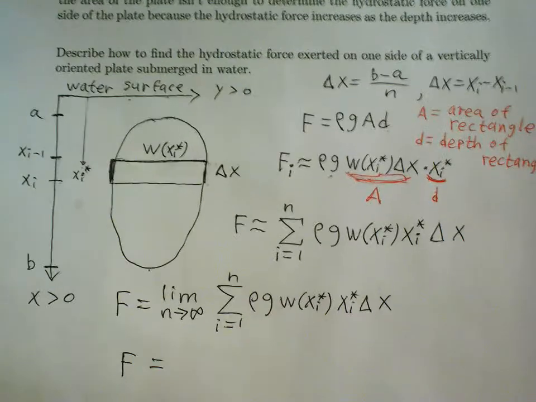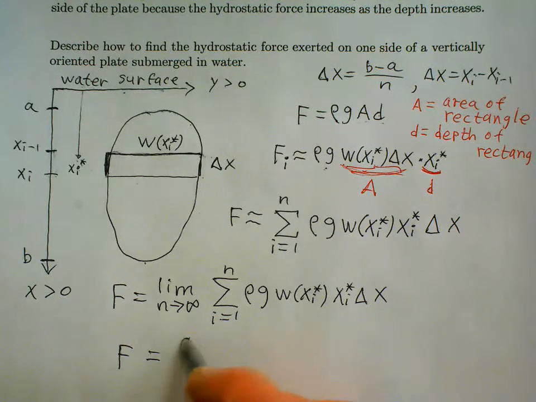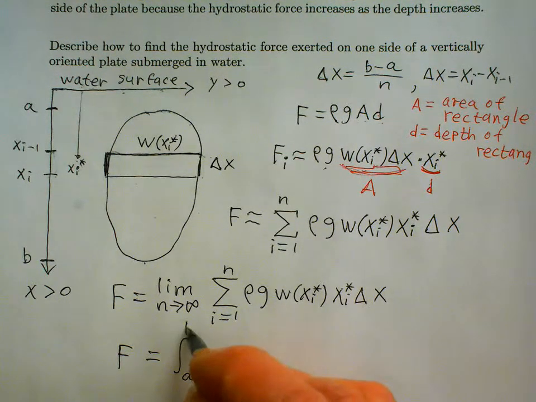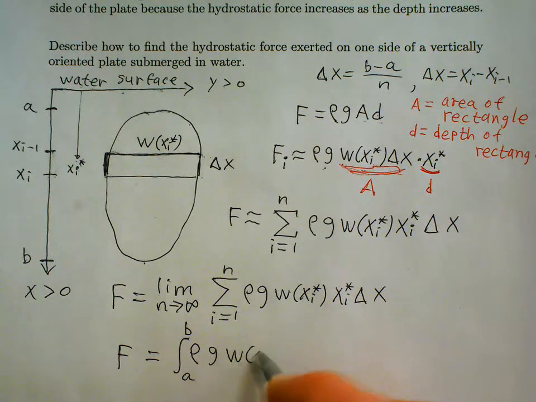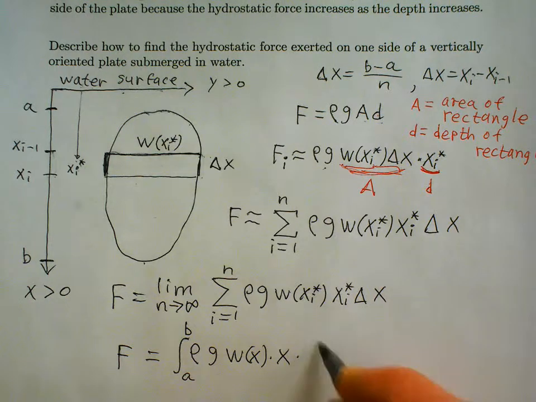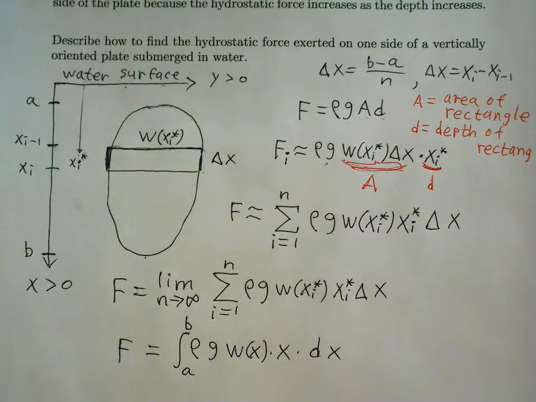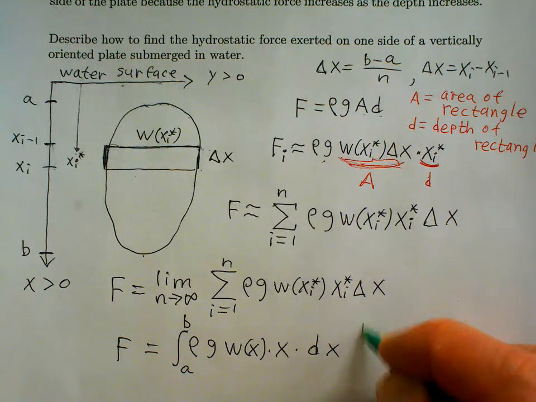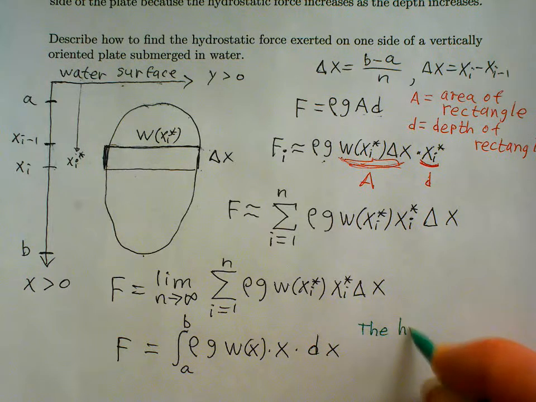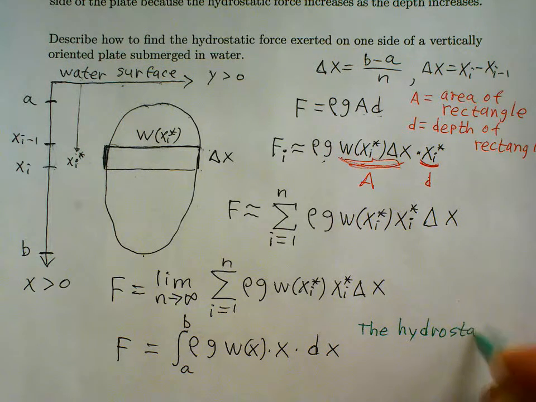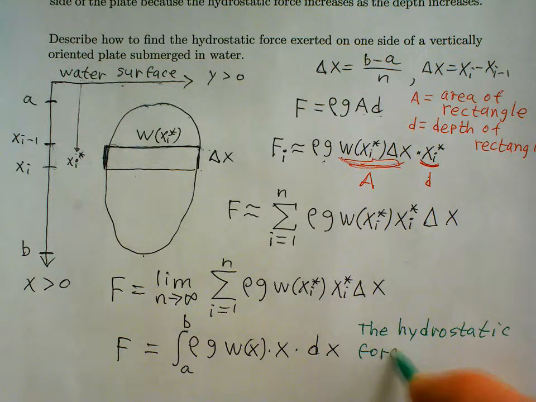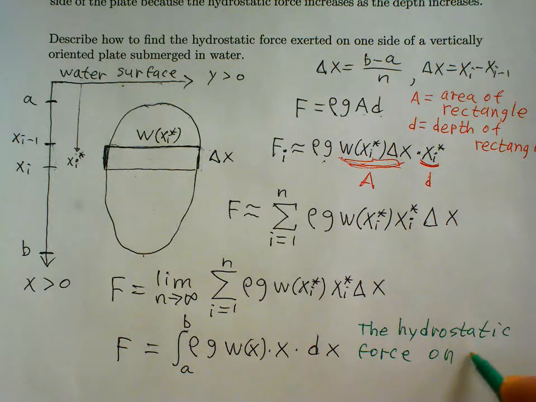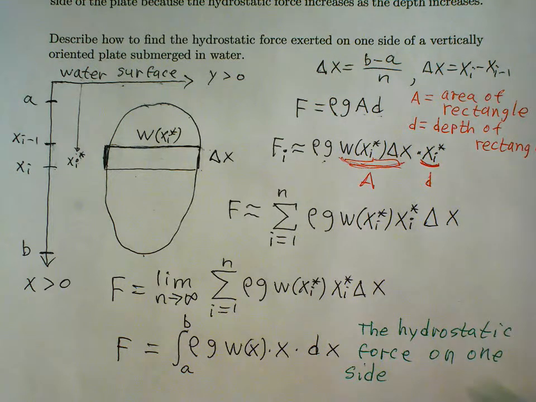So the hydrostatic force is the definite integral from a to b of rho times g times w of x times dx. Okay, so that's it. This is the hydrostatic force on one side of the submerged plate.